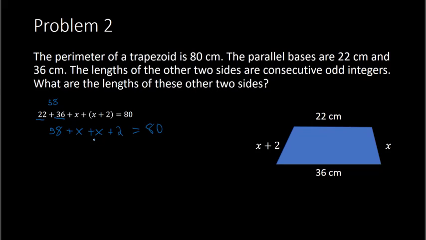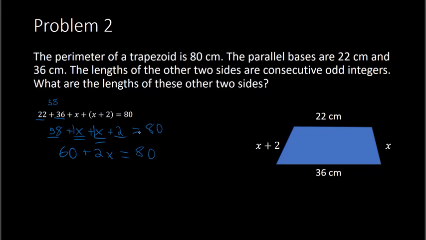So from here, we can still combine. 58 plus 2 would be 60. And then plus, we have x plus x. So there's an assumed 1 here. We have 1x plus 1 more x. That gives me 2 x's. So we have 60 plus 2x equals 80.